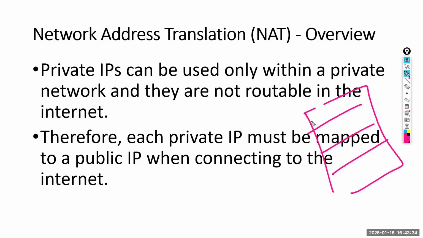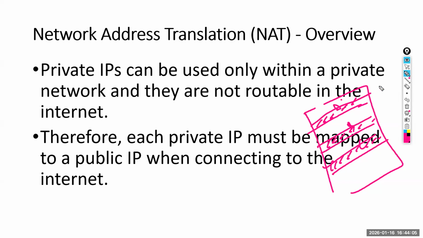And remember, in class A, class B, and class C, there are sub ranges. We call them local IP addresses. In class A, there's a local IP address range. If it is not in the local IP address range, it's a public IP address. In class B also, there's a local IP address range. Class C also, there's a local IP address range.